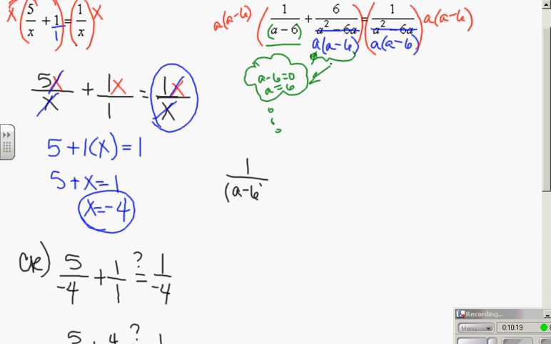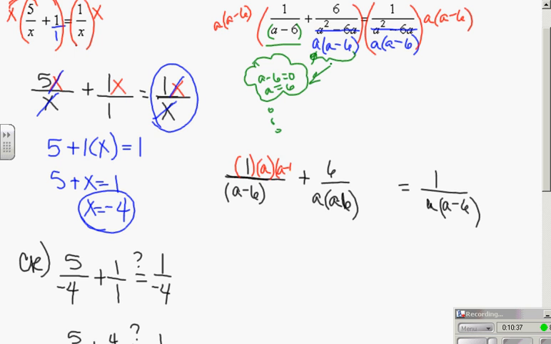So I'm going to put my original down, 1 over a minus 6 plus 6 over a times a minus 6 equals 1 over a times a minus 6. Common denominator, a times a minus 6, a times a minus 6, a times a minus 6.